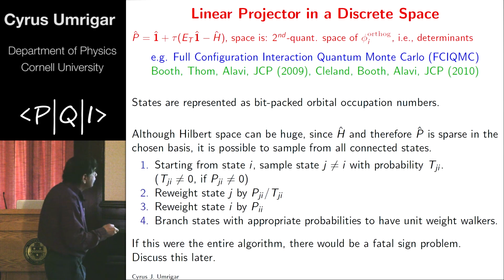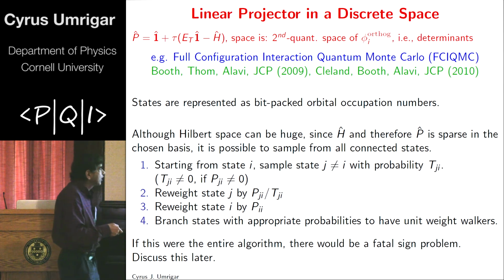Okay, so the way you apply the linear projector is very straightforward. You know the matrix elements. So starting from a state, you sample the off-diagonal states with some probability density, and then you have to reweight them by the magnitude of the projector divided by the probability density.